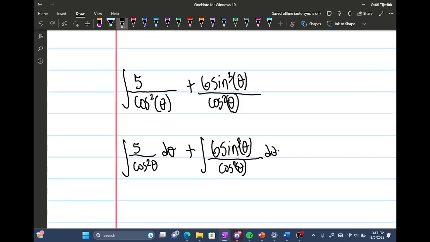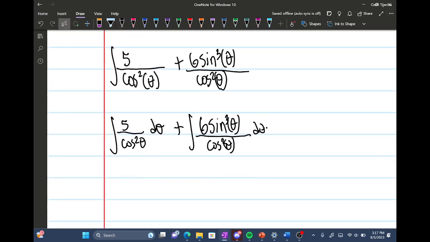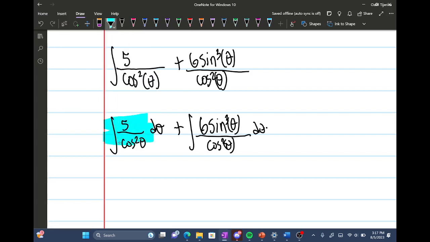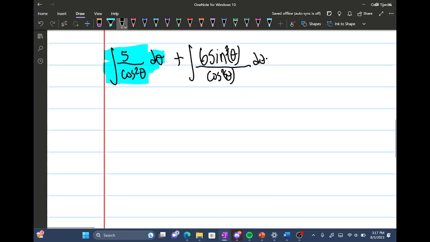Now if we use trigonometric identities, we can split this up. For this first part, we know that we can use trig identities: 1 over cosine squared theta is known as secant squared theta.